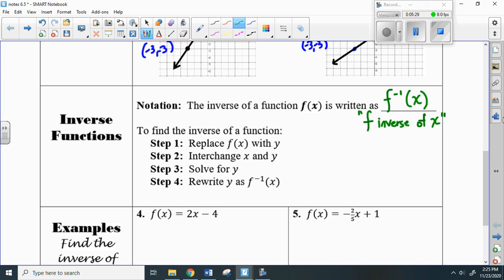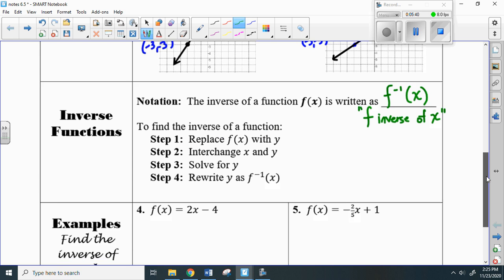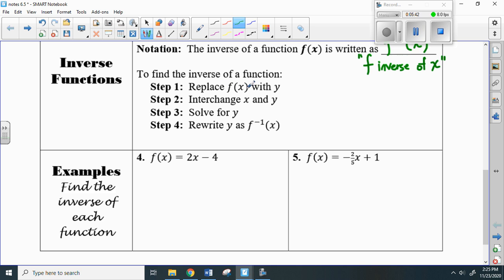If I want to find that inverse, here's what you do. Here are your steps, so you want to pause it and write these down. You first replace f of x with y. So instead of f of x equals whatever you've got there, you want it to read y equals 2x minus 4, because you can't switch the x's and the y's if there is no y.